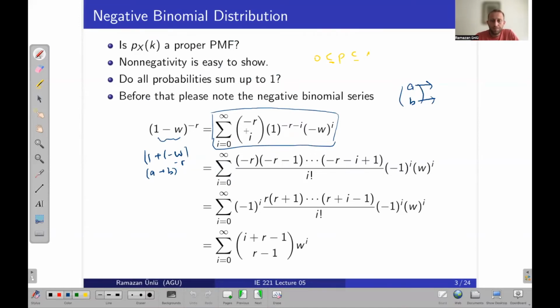What does that mean? It is minus r, reduce it by 1, and repeat this process i times. So it will be minus r times minus r minus 1 times minus r minus 2, until which one? Until minus r minus i plus 1.